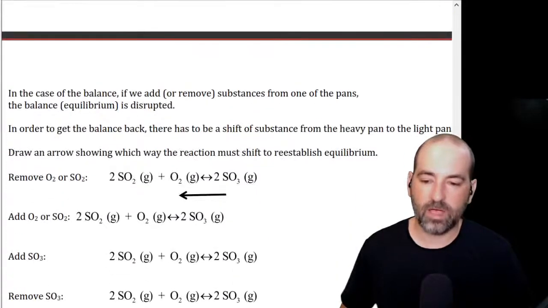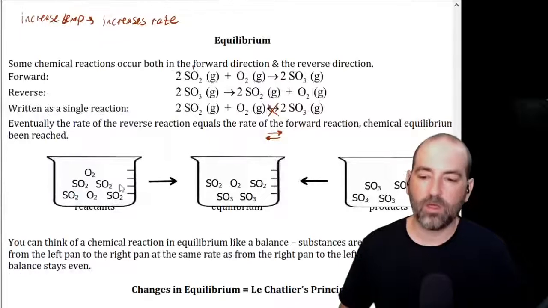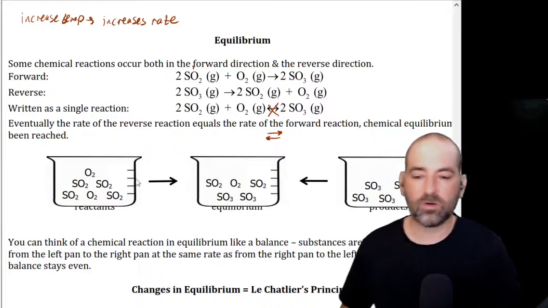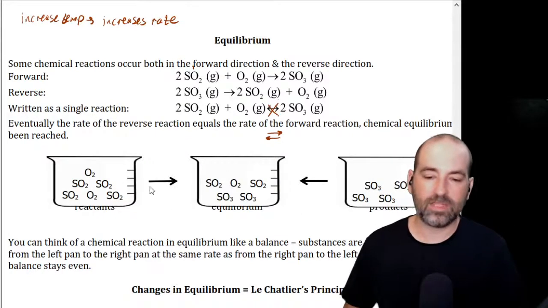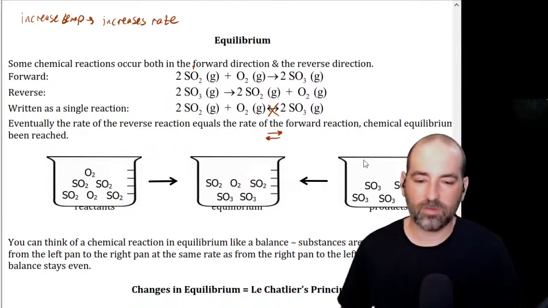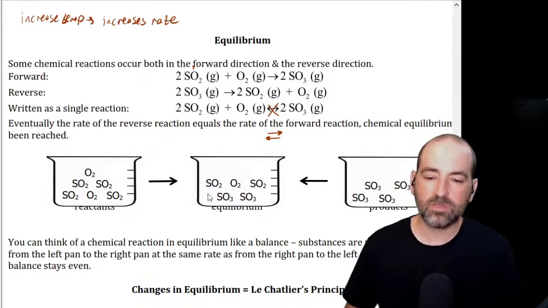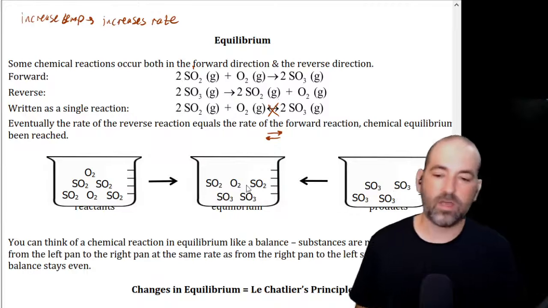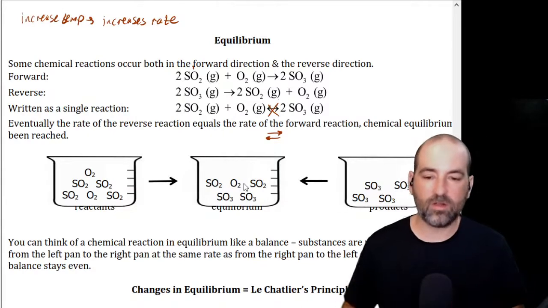So going back up to our reaction here. If we start with our reactants, they're going to make the products, but then the products are also going to go backwards toward the reactants. So at some point, that's what got me confused, this triple picture here, there's an equilibrium where we have some reactants and some products together, and they're no longer changing.